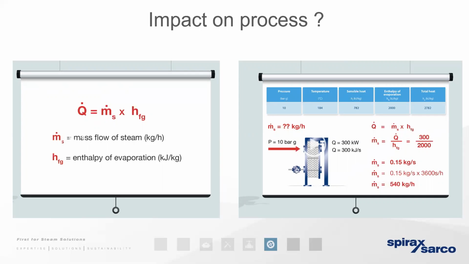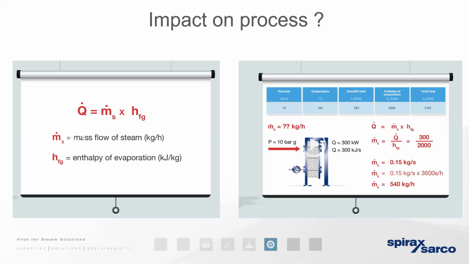And the HFG, that's the enthalpy of evaporation that we can determine if we know the pressure of the steam. The dot basically denotes that it's a moving or a mass flow rate. So in other words, if we know the pressure of the steam going on to the heat exchanger, then we know the enthalpy of evaporation.